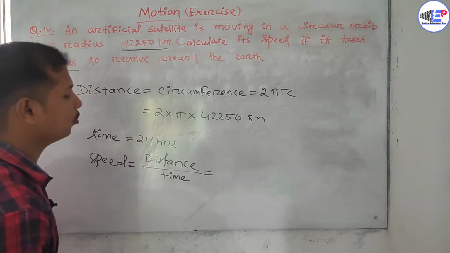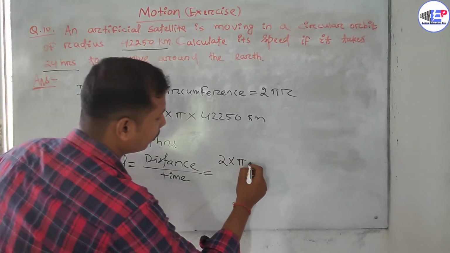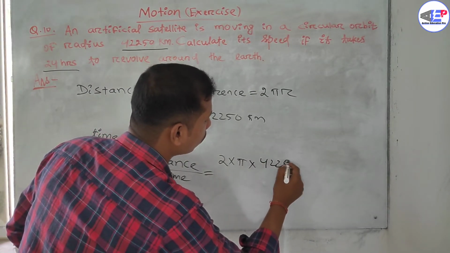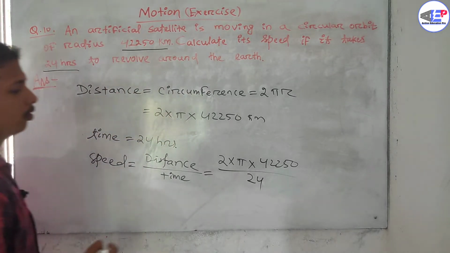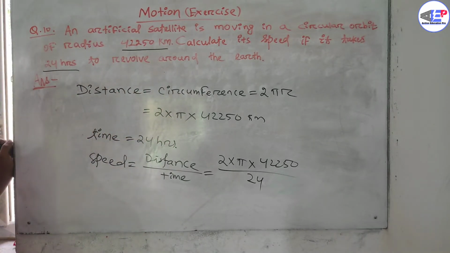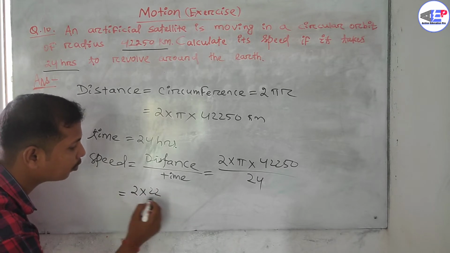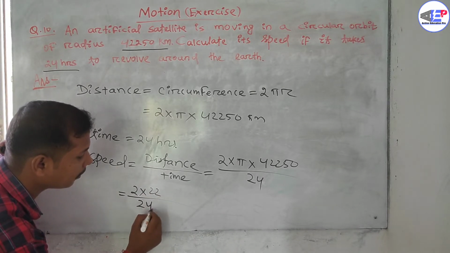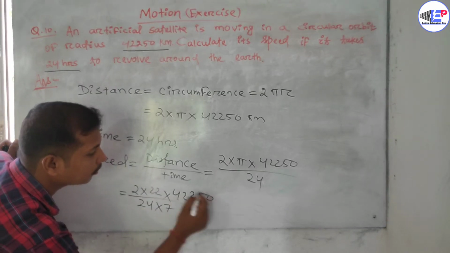So it will be equal to 2 into pi into 42,250 divided by 24. We know that the value of pi is 22 by 7. So it will be equal to 22 divided by 24 into 7 into 42,250.